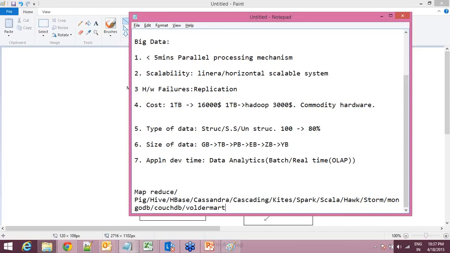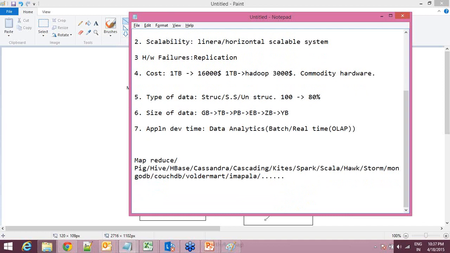Like this, many things are there, guys. So these are all alternatives available in Hadoop to do data analytics. Alternatives means these are all APIs and frameworks available in Hadoop. That's why I say Hadoop is not a single solution. If you want to do analytics in Hadoop, you have plenty of options.